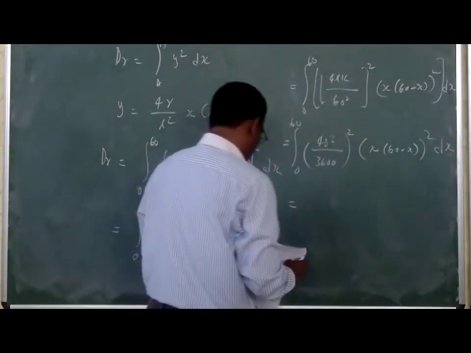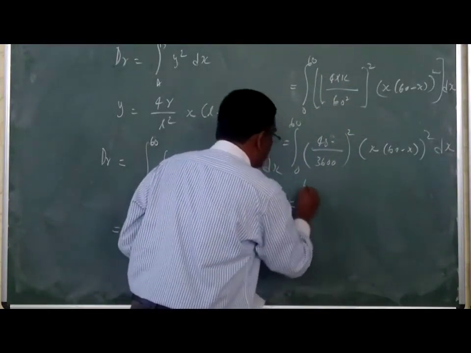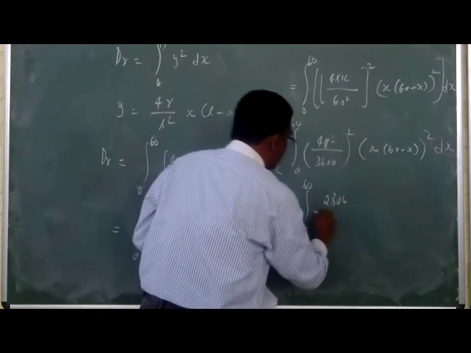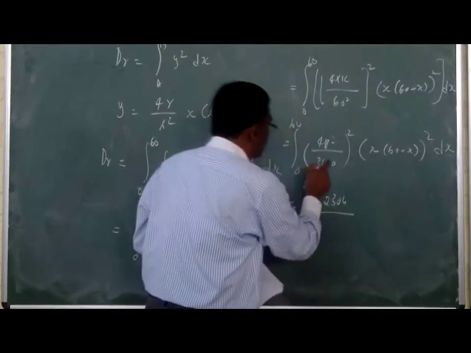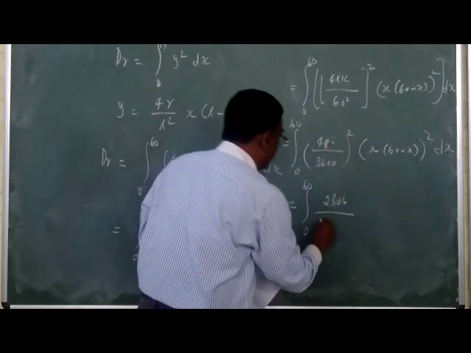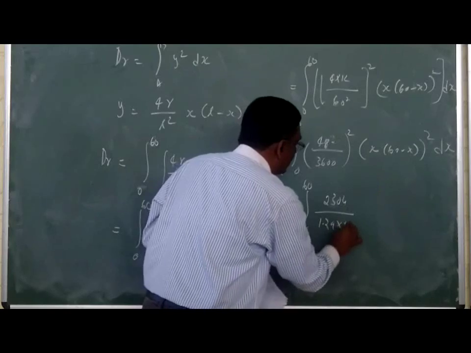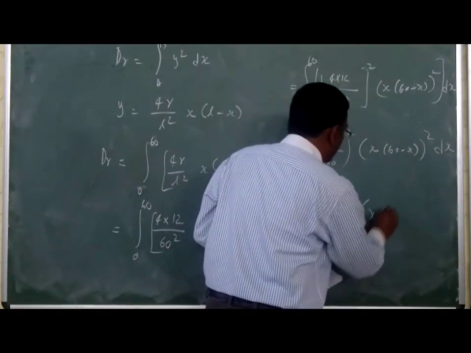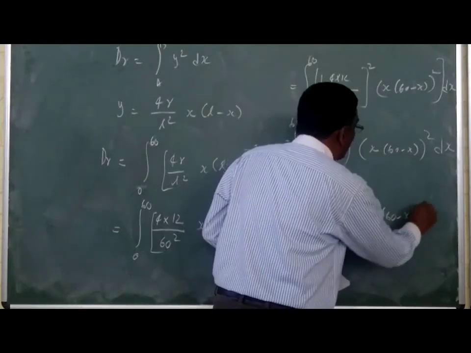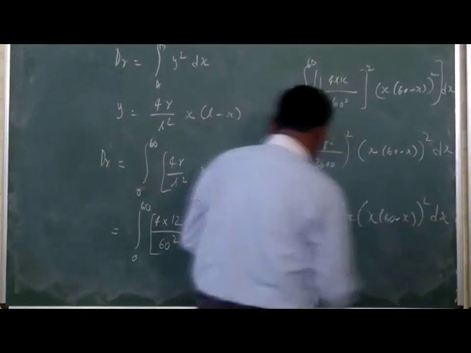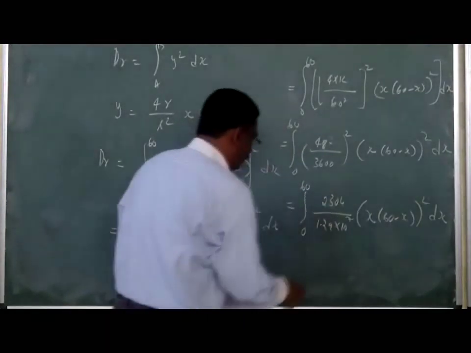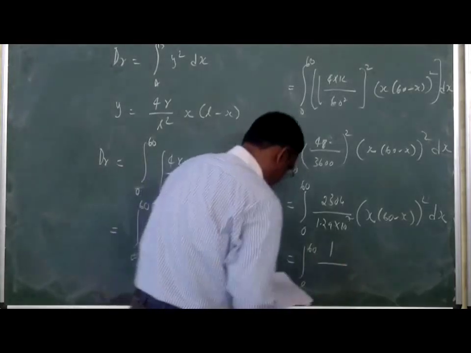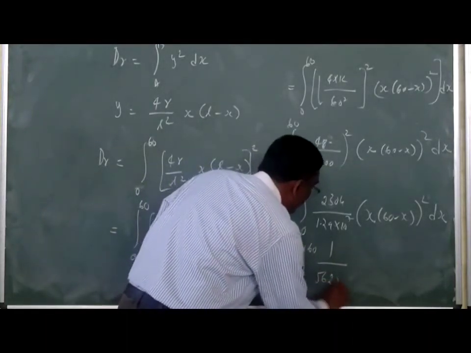This is equal to integral 0 to 60, 2304, 48 square, divided by, and squaring out 3600, it will be 1.29 into 10 power 7, and this will be x into 60 minus x whole square dx. This will be reduced to 0 to 60, 1 by 5625.